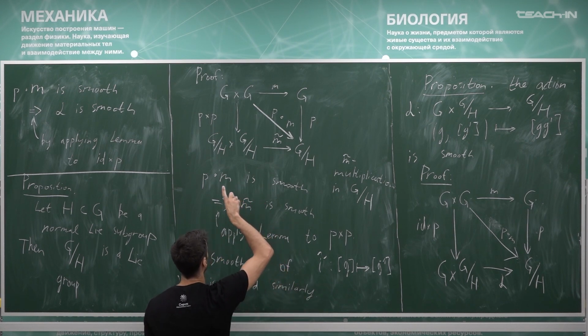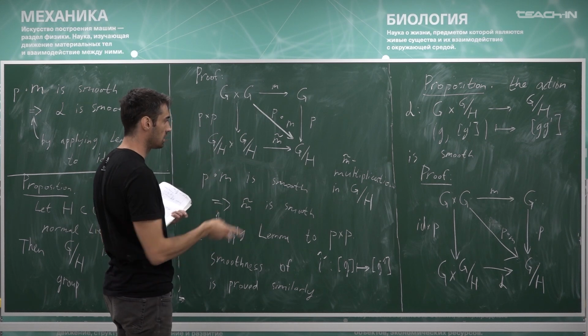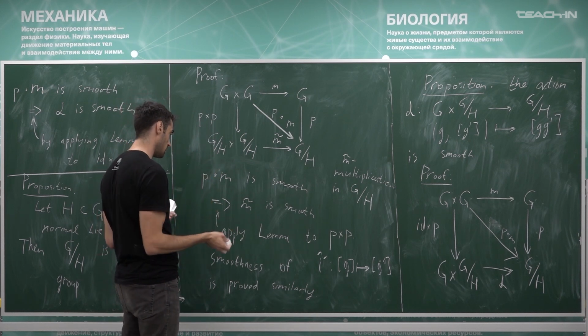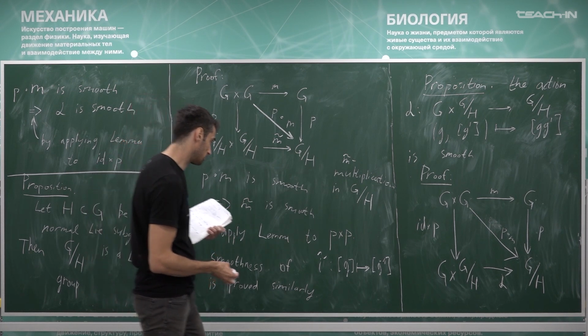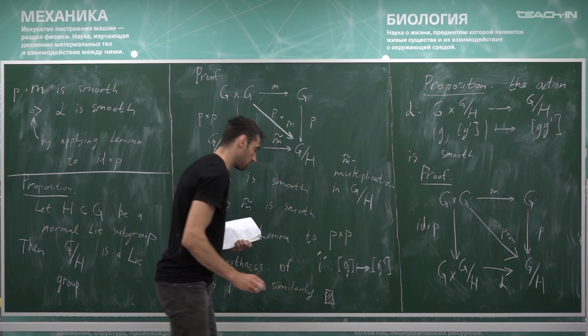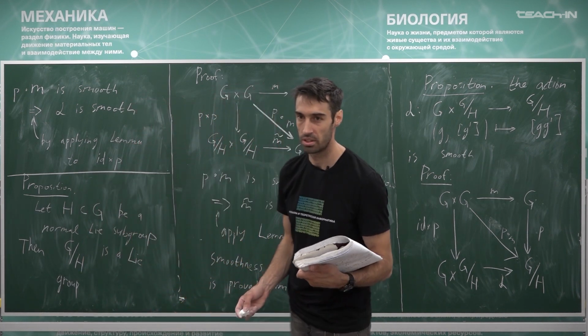Just again, you have this square, diagonal, and then apply the lemma. And you get the smoothness of this I tilde. Okay, so I think this is a good place to stop this lecture.